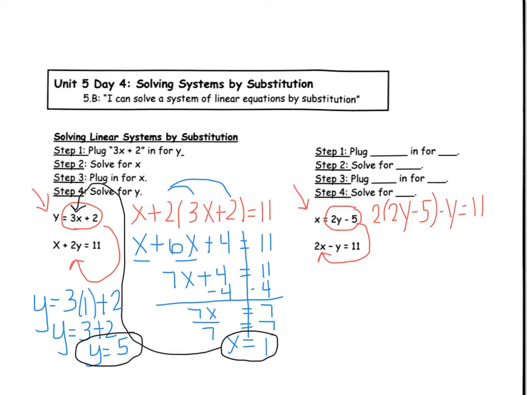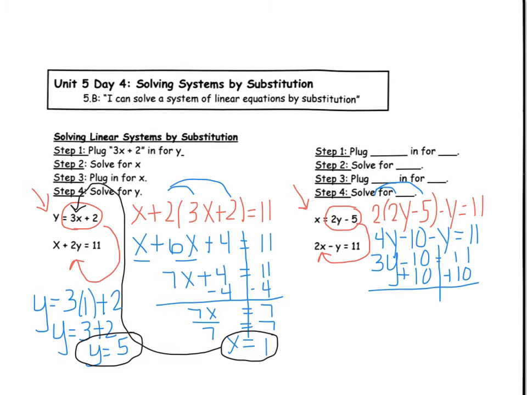Now I'm going to distribute. 4y minus 10 minus y equals 11. Keep solving. y will equal 7.